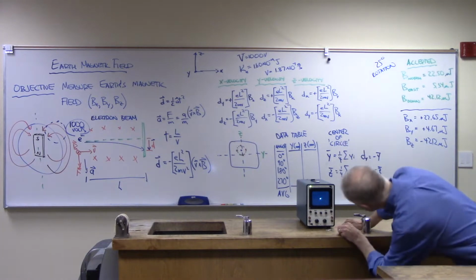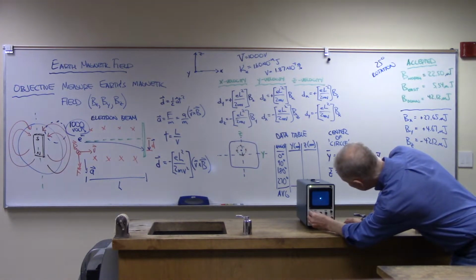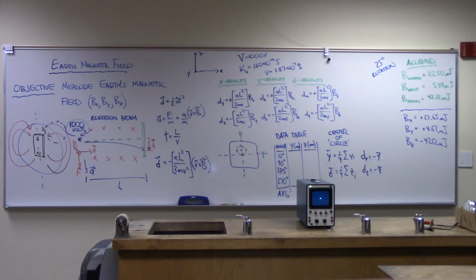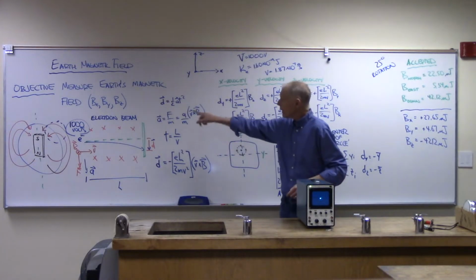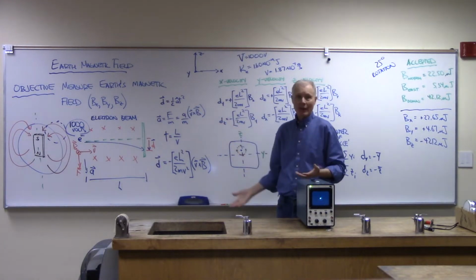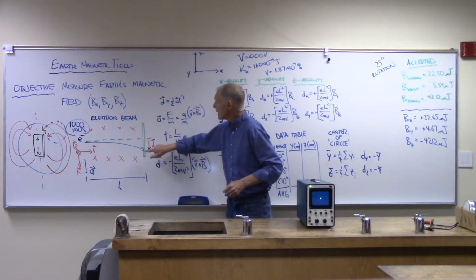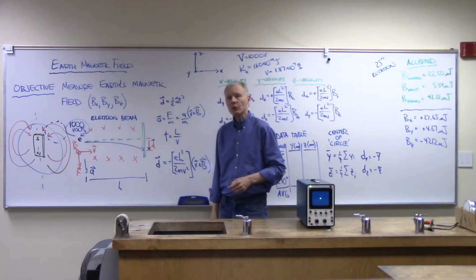Now what I'm going to do with this is position this so that it's right at the center of the screen. And then I'll rotate it 90 degrees. Now, if what we've talked about is really going on, then as I rotate the oscilloscope, I'm going to draw a circle on the screen.